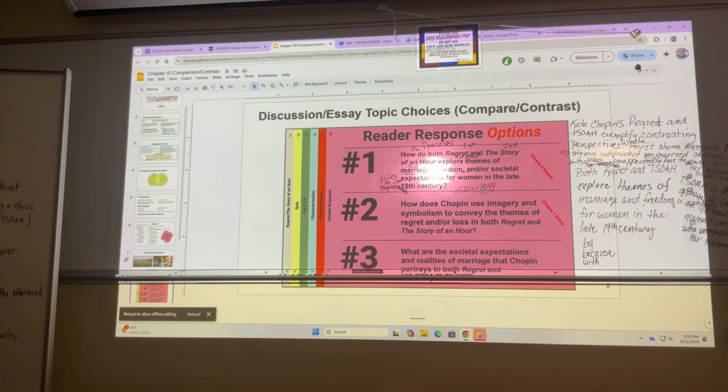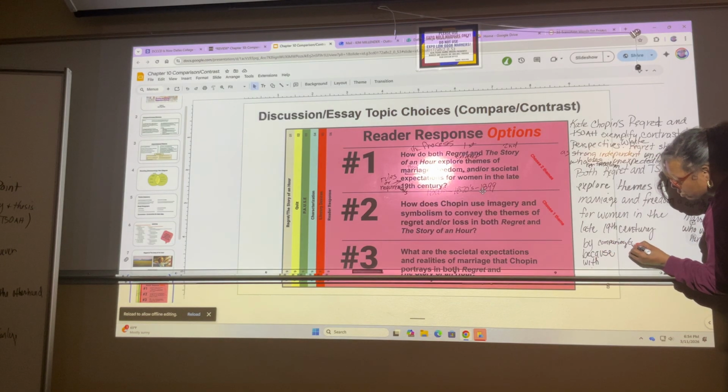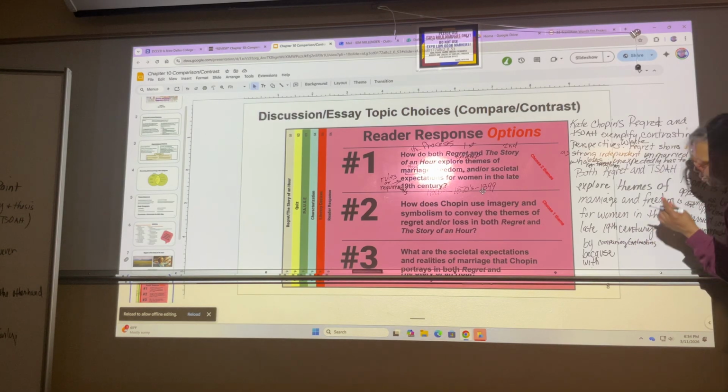Okay, so you go through the story by comparing, contrasting. You don't have to use both words. I like for you to use contrasting if you're really showing differences, okay?